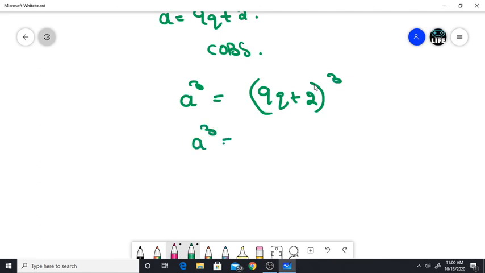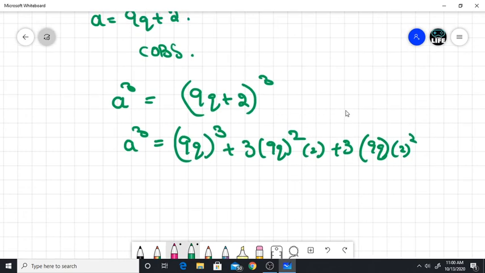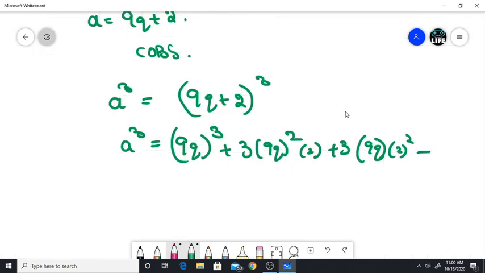A cube equals 9q whole cube plus 3 into 9q square into 2 plus 3 into 9q into 2 square plus 2 cube.